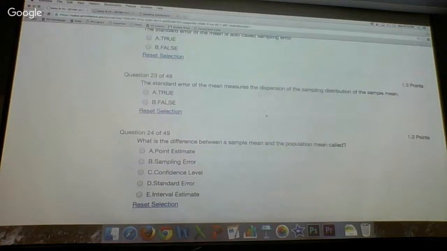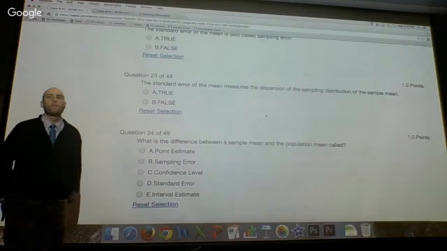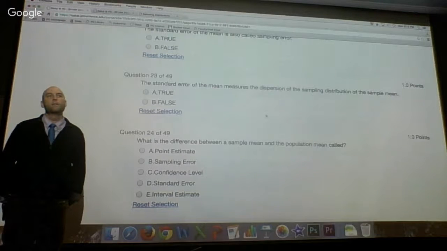The standard error of the mean measures the dispersion of the sampling distribution of the sample mean. What do we say for 23? I know you're leaving, Samantha. Prove to me you're here. 23, true or false? Sure?